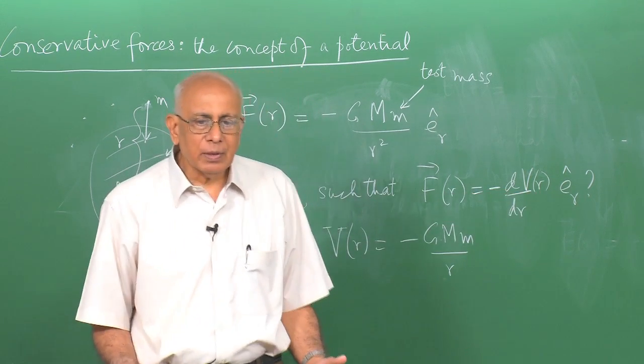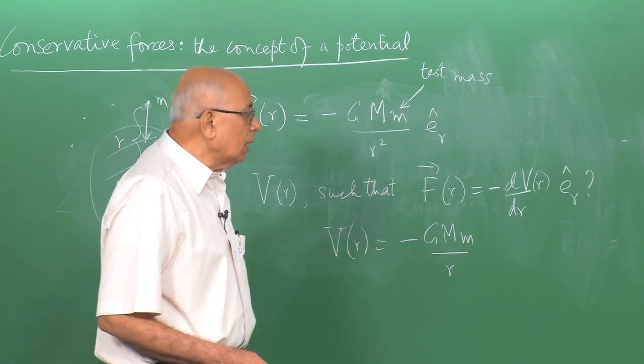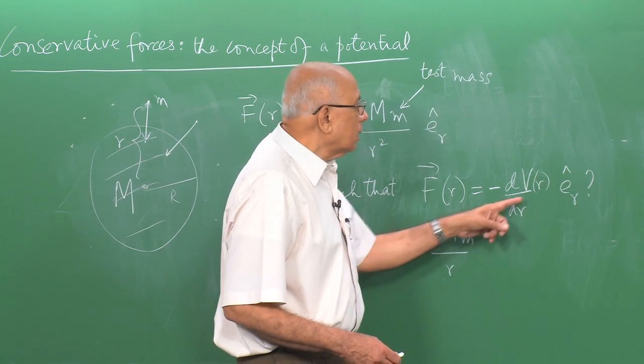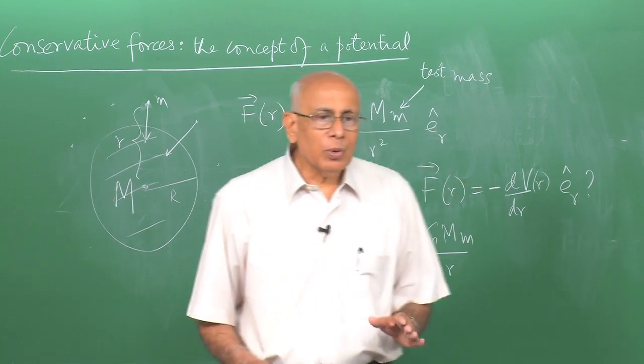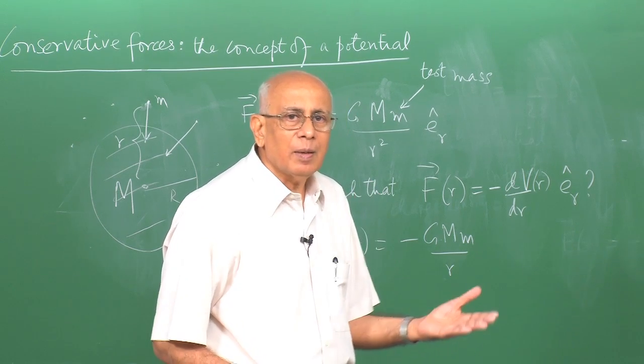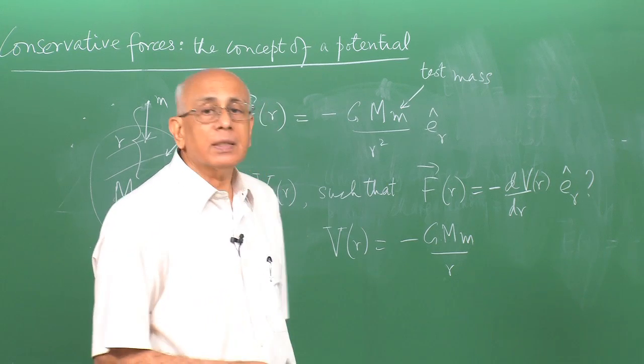The constant's derivative is 0, and therefore the physical force will not change. Does that not mean that the potential in every case is determined only up to an additive constant, which is completely arbitrary because it will not show up when you differentiate it to get the force? And the answer is yes.